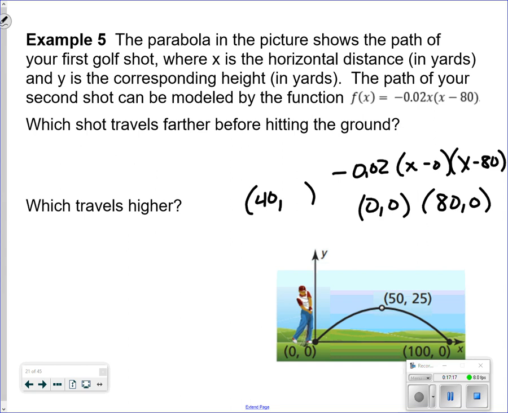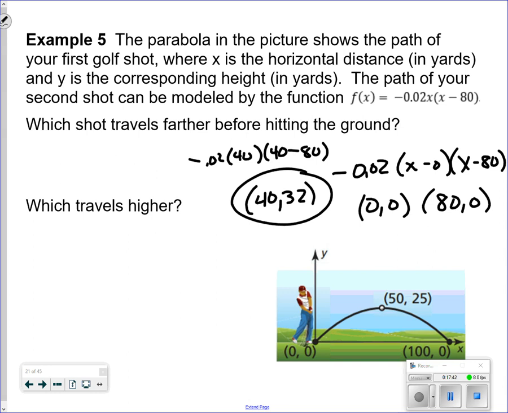So -0.02 times 40, and then 40 minus 80. So now using a calculator, I would get 32. So the next one has a vertex at (40, 32).